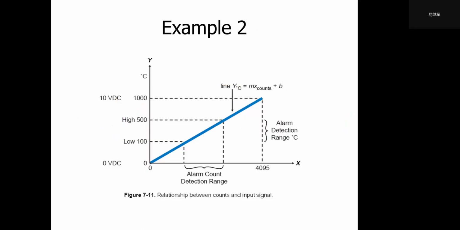The relation between counts and the input signal: this is counts, this is temperature, this is voltage. They are related: 0 to 10 V corresponds to 0 to 1000 centigrade.